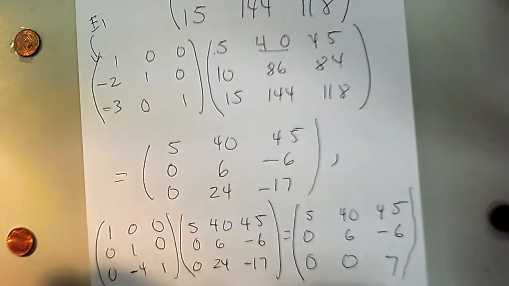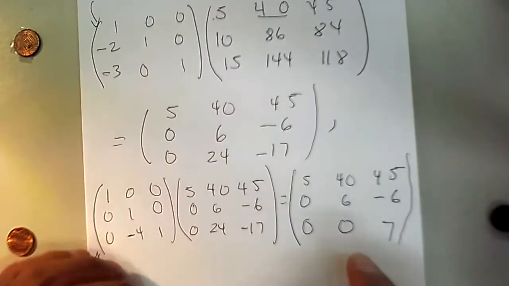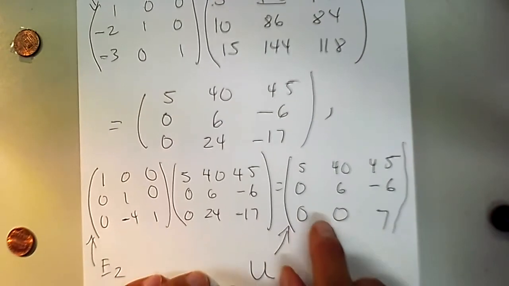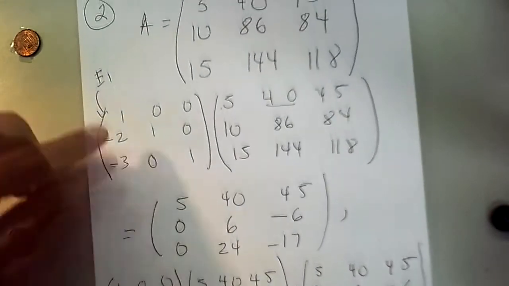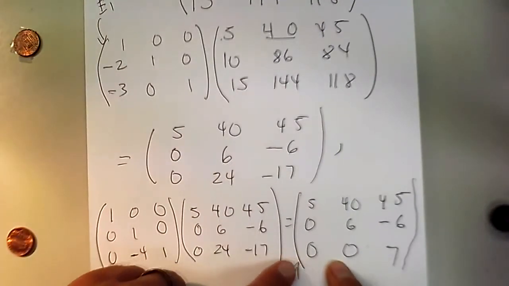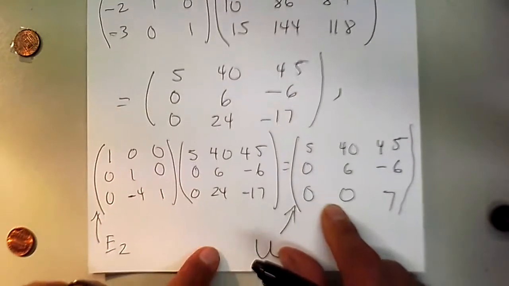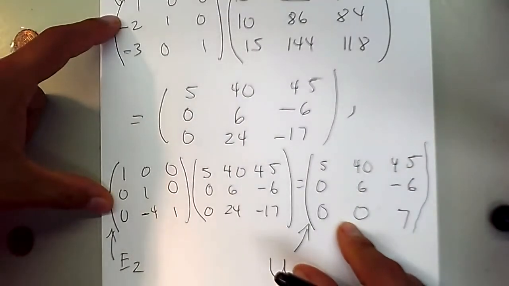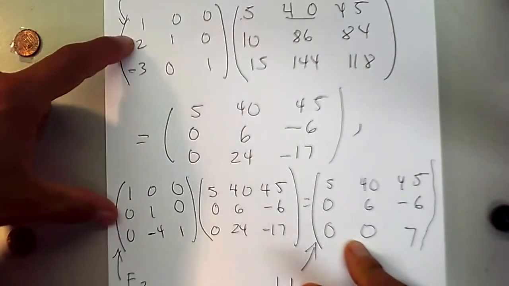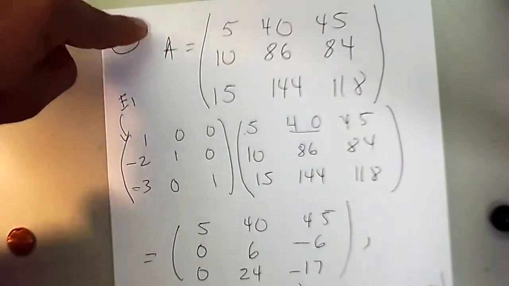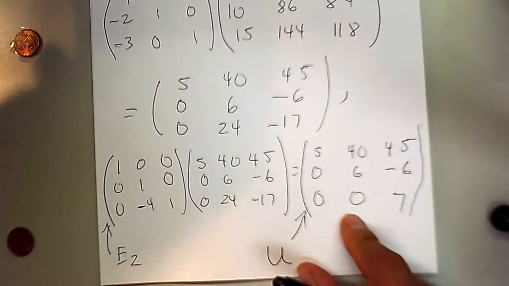So we are not there yet. We got U, the upper triangular matrix. But we want A to be broken up into an upper triangular matrix and a lower triangular matrix, and we don't have the lower triangular matrix yet.